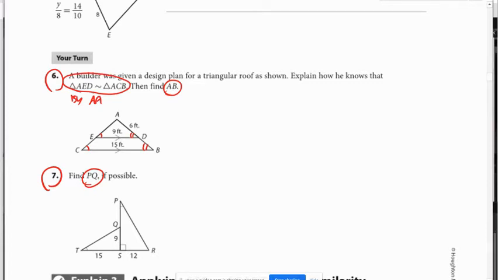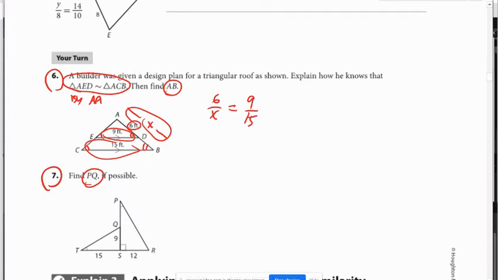And now we can use a proportion to find the missing pieces. We're looking for side AB, so if we call that X, look at how I'm going to set this up. I'm going to say 6 over X, so that's short side over long side, equals 9 over 15, short side over long side. So short right over long right equals short base over long base.